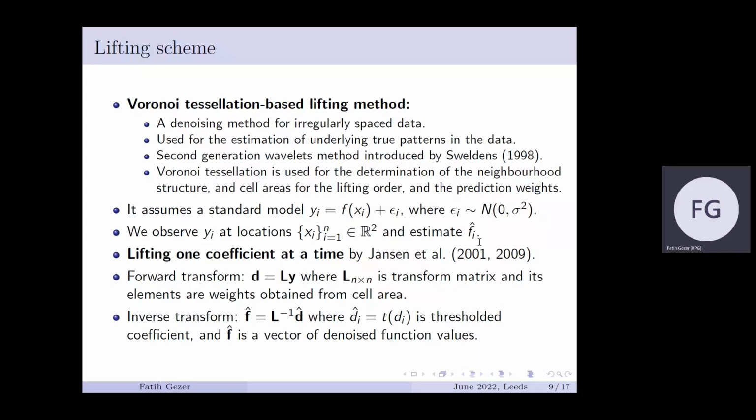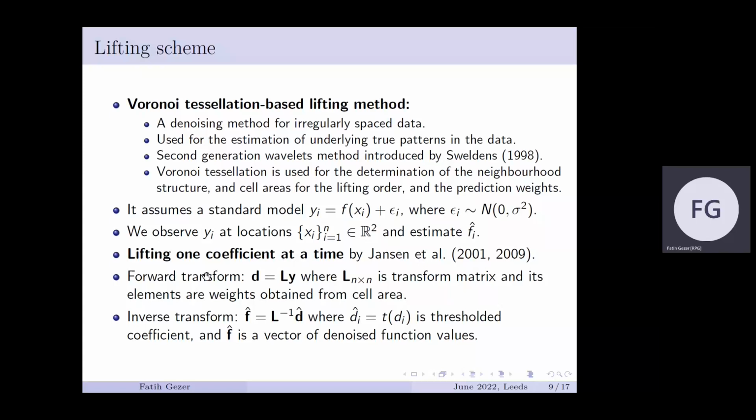That means that given the noisy data y_i, we transform this data to a set of coefficients, and then we threshold these coefficients. The thresholding method works as we identify the coefficients that are due to the noise and those that are due to the true patterns in the data.